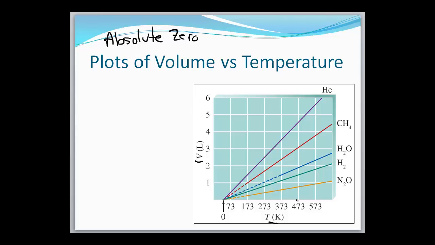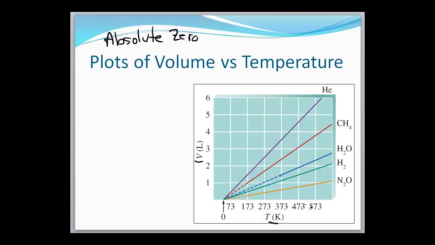In other words, as you lower the temperature of a system, you're plotting its volume. So let's just take water for example. At a temperature of 573 kelvins, our sample would have a volume of roughly 2.3 liters. As we decrease the temperature, the volume decreases and decreases.